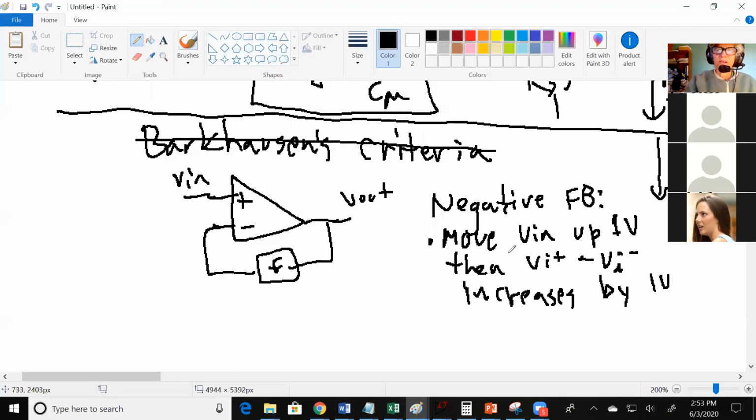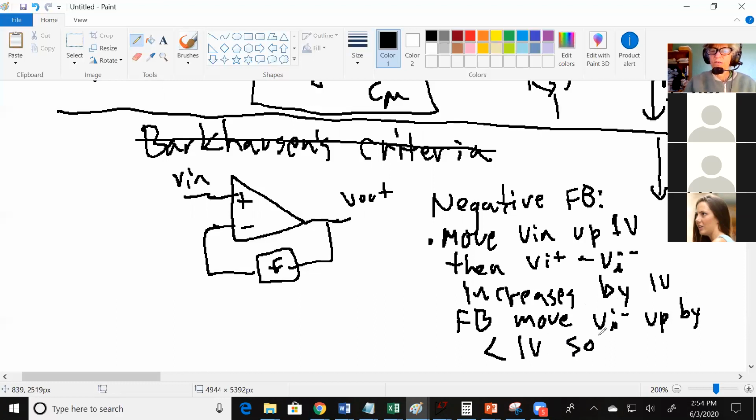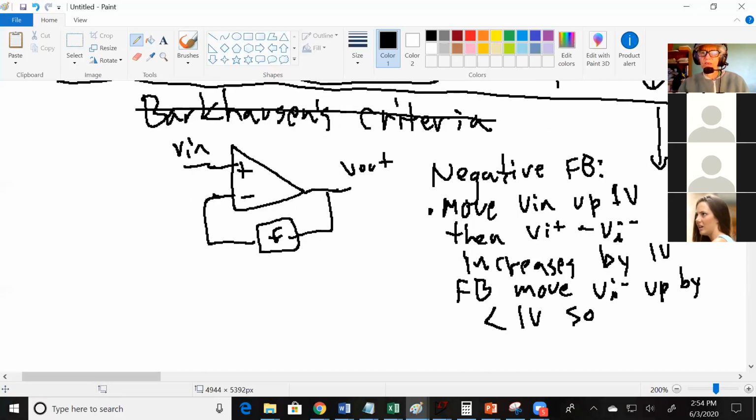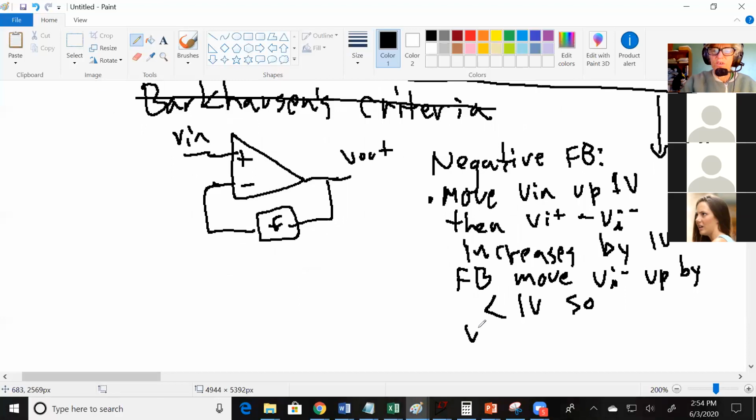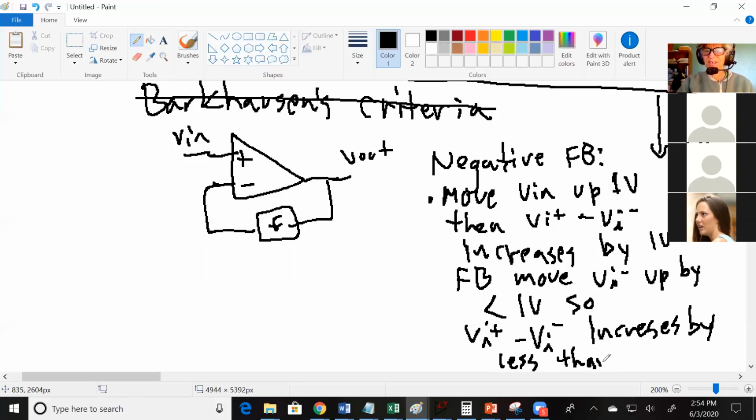And then if it's negative, then feedback moves VI minus up, so VI plus minus VI minus increases by less than 1 volt.